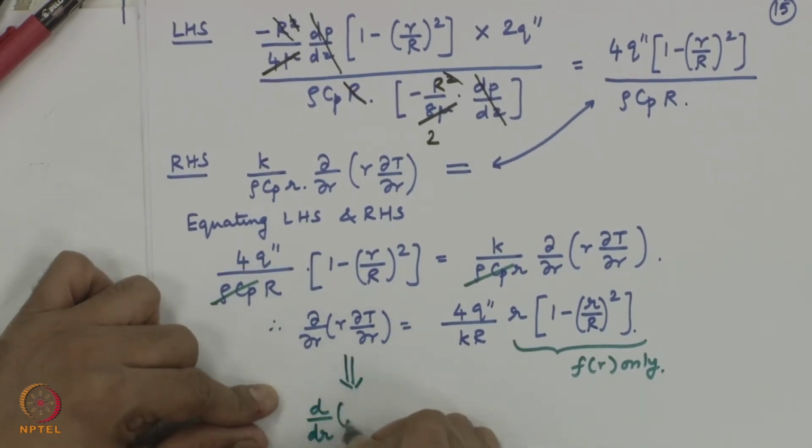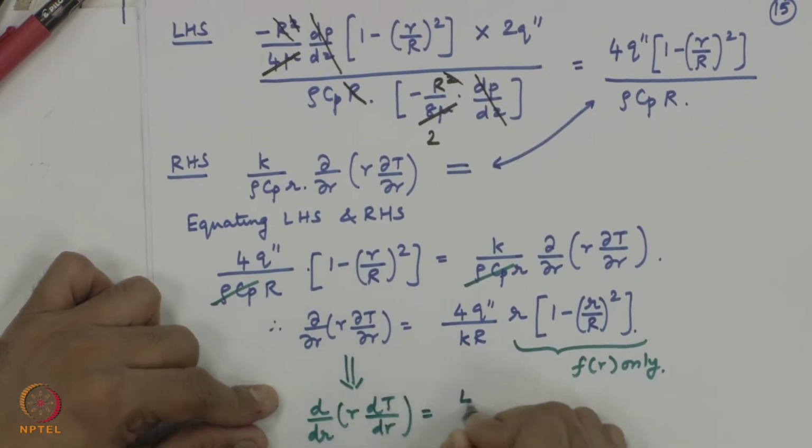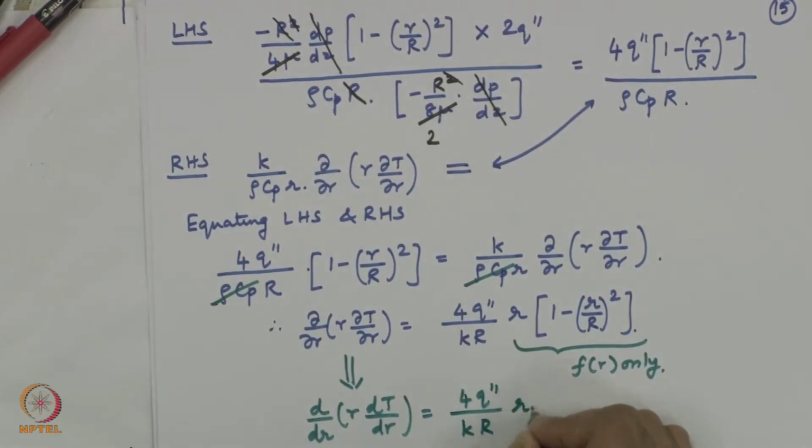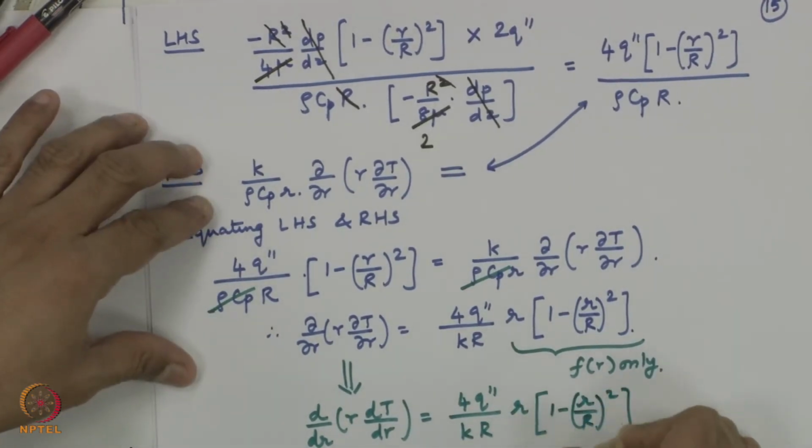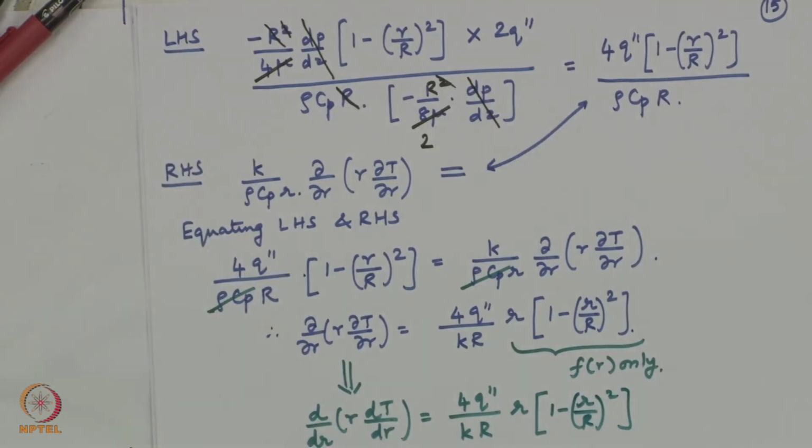So, this becomes d/dr of r dT/dr, instead of partial derivatives, they become regular derivatives, 1 minus r by capital R whole square. Now, it is a matter of just integrating. So, slide number 16.